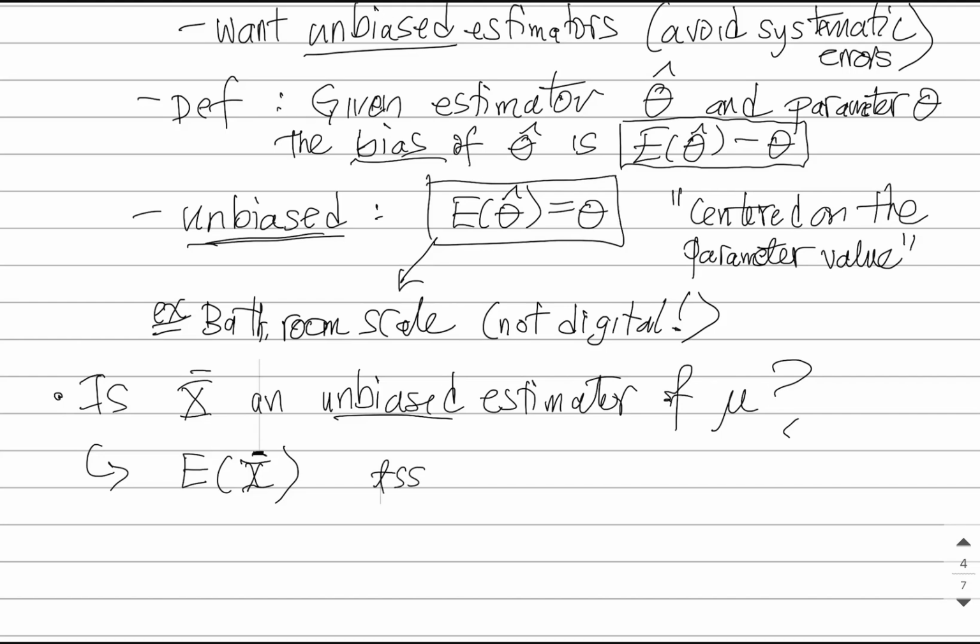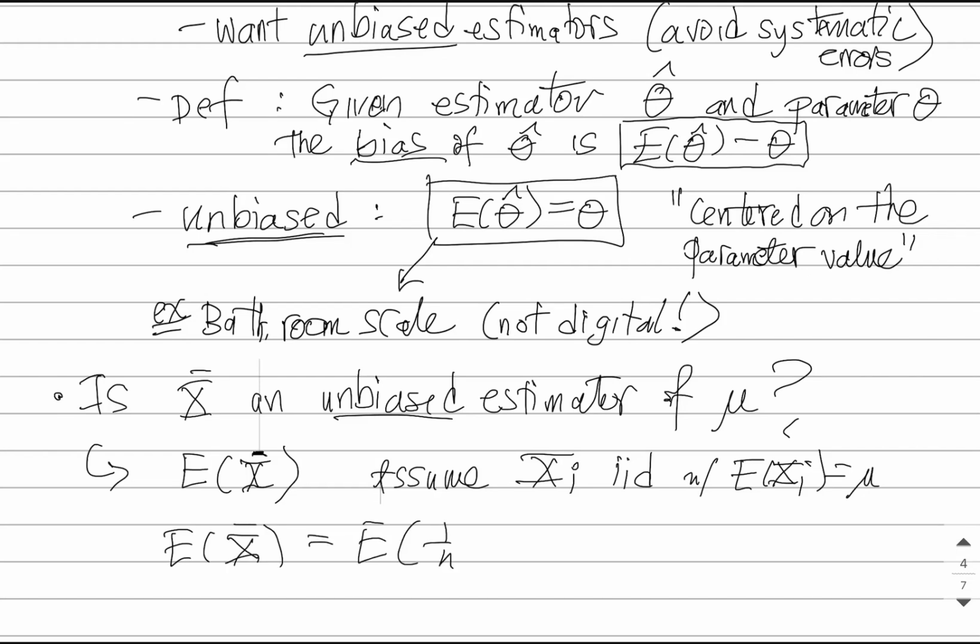We are going to assume, as before, that each of these xi's are independent and identically distributed, and that they all individually have the same expected value. We know from our work on linear combinations of random variables that this is given by the following.